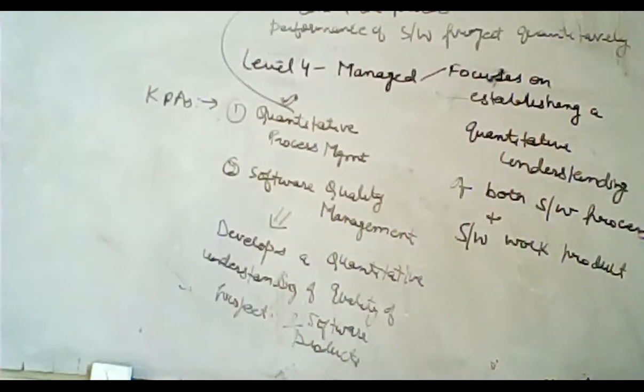So next is the next level, that is level 5, the optimizing level.